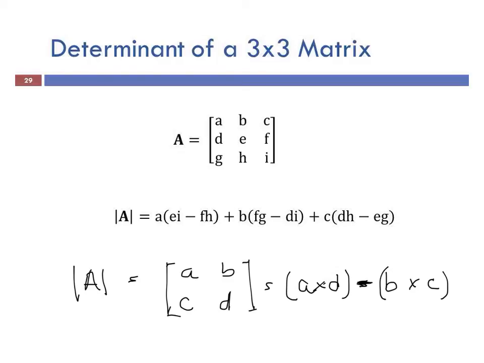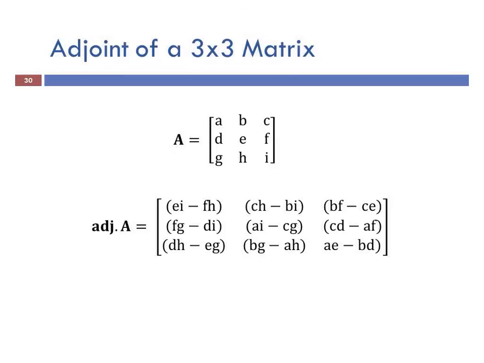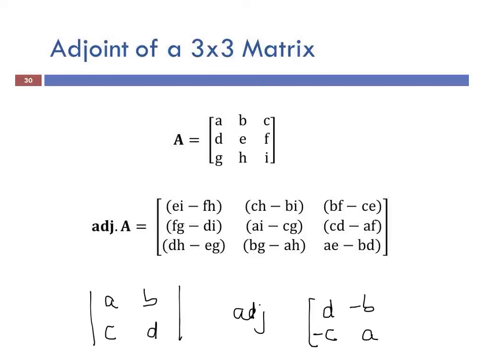Now, if you thought the determinant was hard, you'll see that calculating the adjoint is even busier. The adjoint for a 2 by 2, when we had A, B, C, D, was we flipped the principal diagonal, and then we made the off diagonal negative.